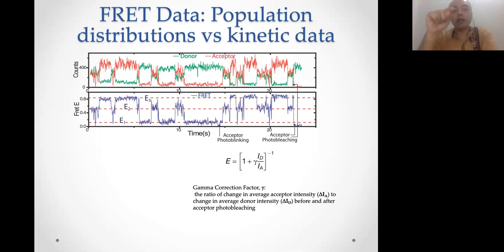It is getting detected on a detector which has a quantum yield which is different from what was for the donor, isn't it? So all that will change the ratios. So if for example, in this case, we are using a Cy3 dye and a Cy5 dye.